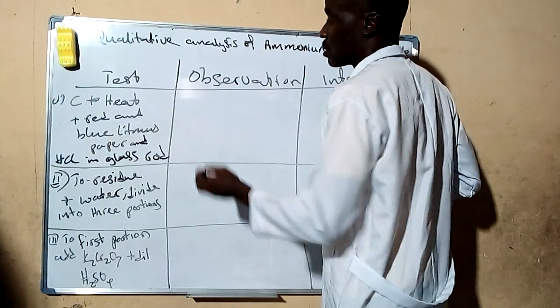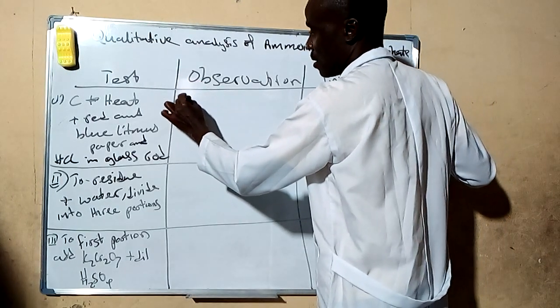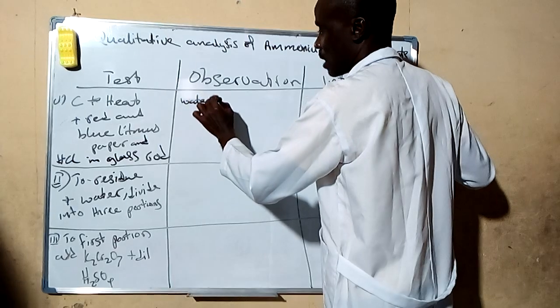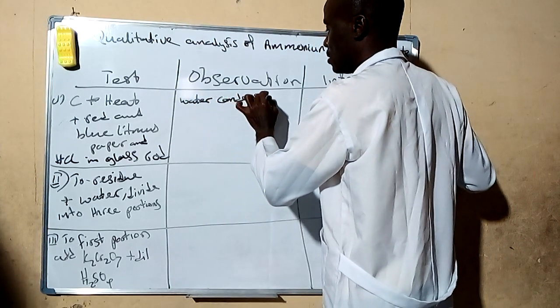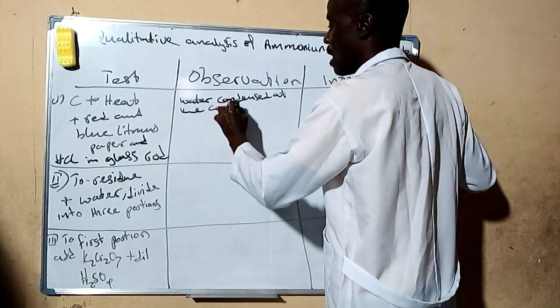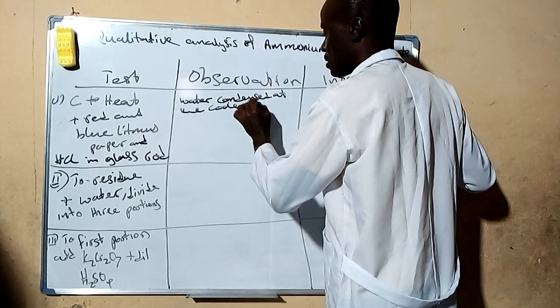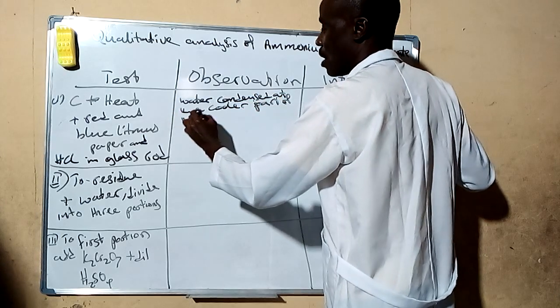The observation there is that water condenses at the cooler parts of the boiling tube.